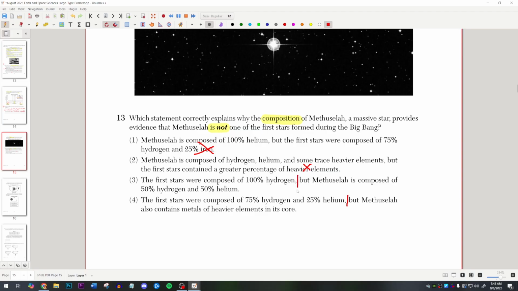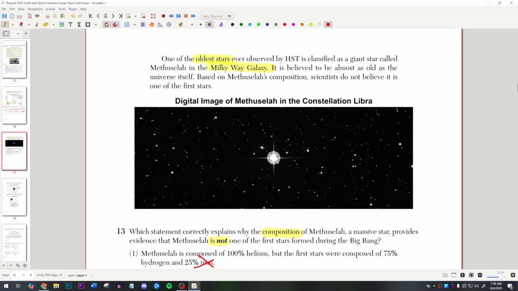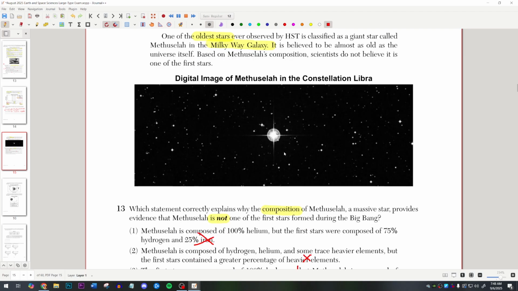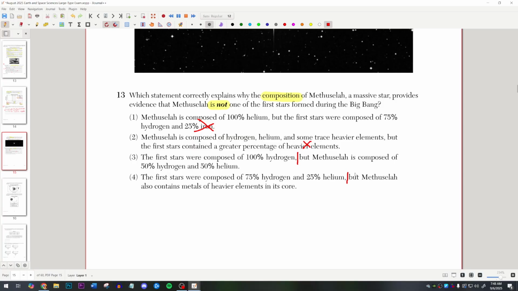That's what's horrible about this question, because they don't tell you what the star is made of, what's in it right now. So we cannot determine this. So the whole question, the correct answer, which is either 3 or 4, is only based on the first part, because we don't know the second part, which means this is a terrible question.